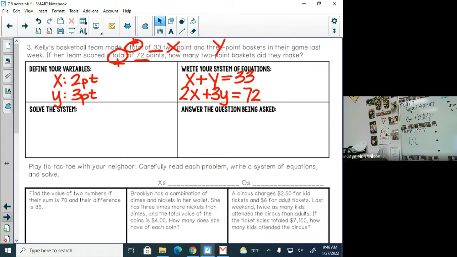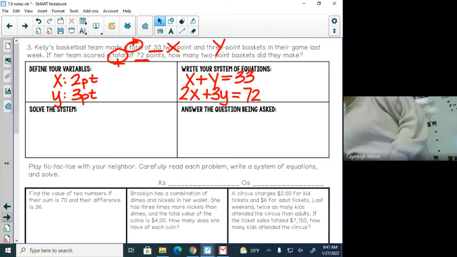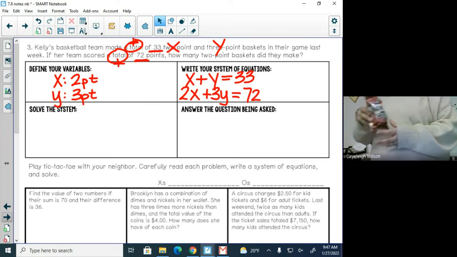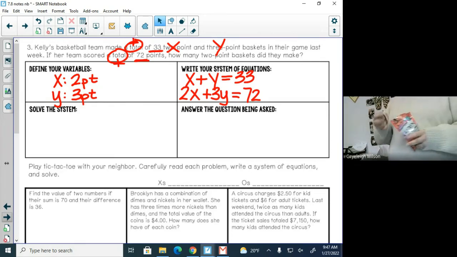That's what's going to happen if you multiply: they're going to be the same number on opposite sides. So if you eliminate x's, you can multiply the top one by -2.